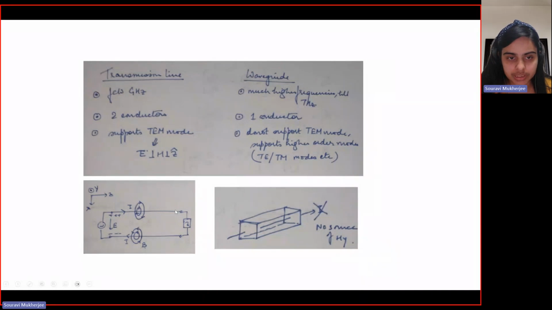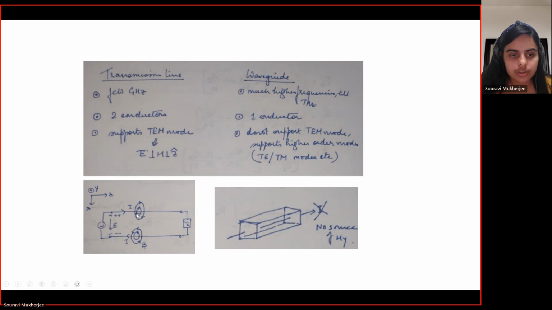Now, as the signal gets propagated, we know there's a current flowing through it. And when there is current flowing through wires, we know there's a magnetic field associated with it. If you consider this to be a current carrying wire in this direction, suppose this is Z, then we know the magnetic field will be in the Y direction.